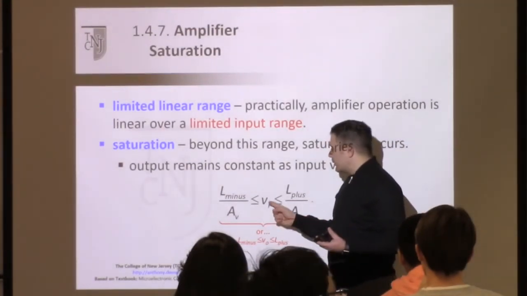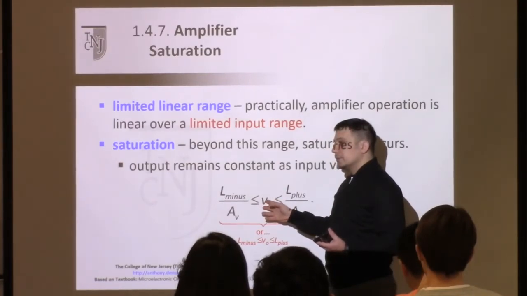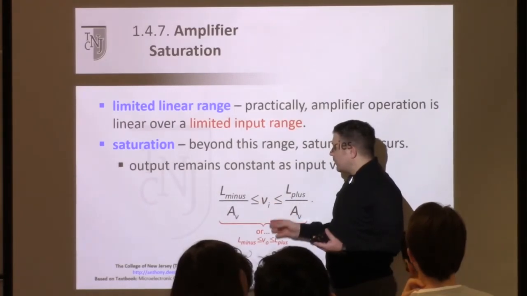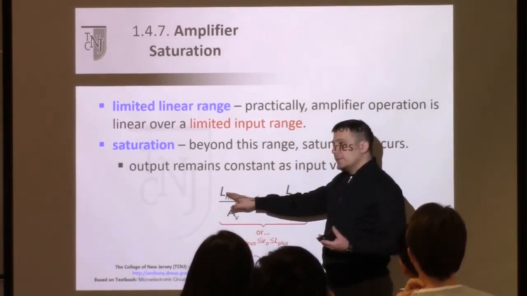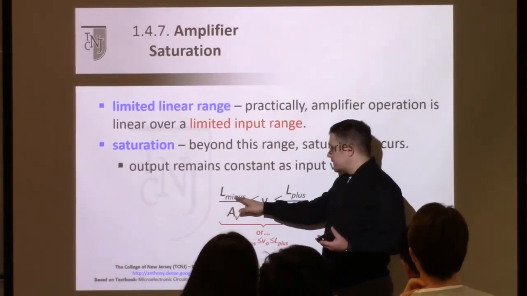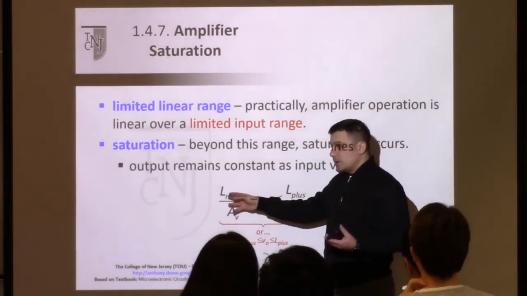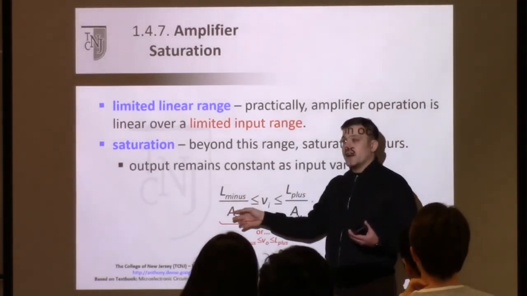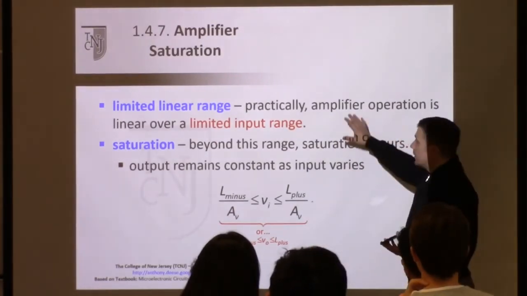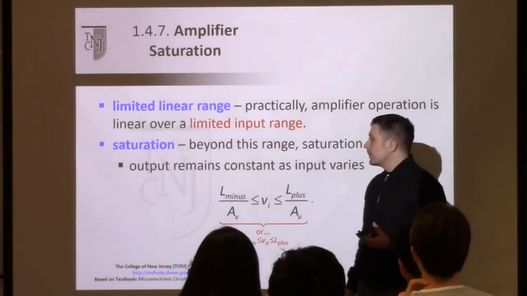It's just saying that, in order to generate a linear output, your voltage input needs to be between -15 divided by whatever the gain is and +15 divided by whatever the gain is, because the output has to be between -15 and +15. If you stay within this limited linear range, you should observe a linear process.